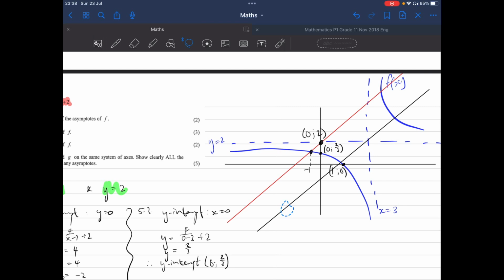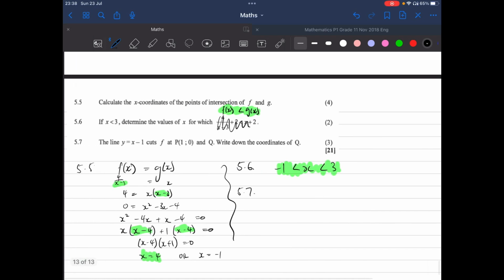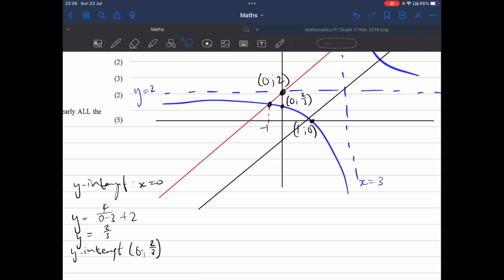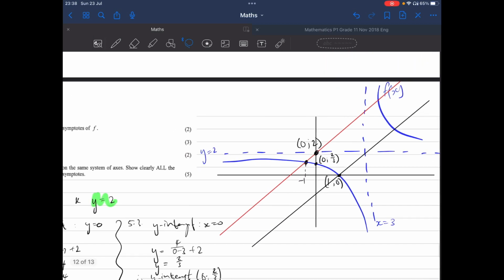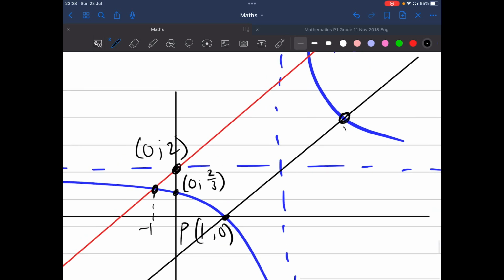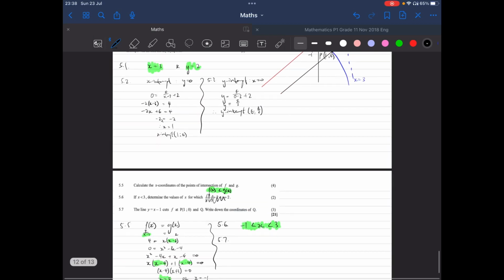Okay, so the question is, at what points do they intersect? So we're told that it intersects at 1 and 0. Okay, so here's 1 and 0 actually already drawn on, which was the x-intercept. So this point is point P then, and then we have to find point Q. Okay, so let's do that.